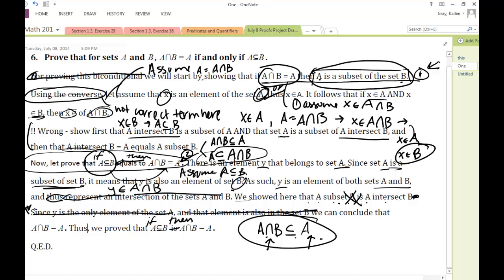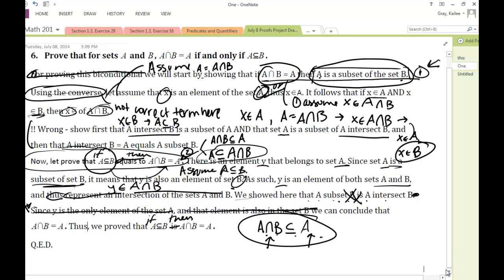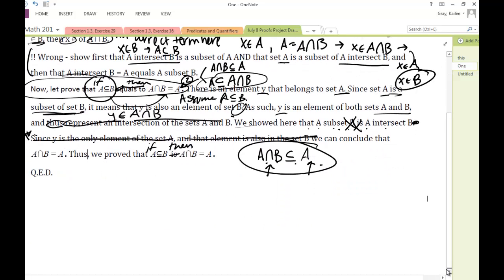So to prove this, let me just try to write it out so that you can kind of see. So let X be an element. So it's like another little portion. This part of the conditional has two pieces to it. So really this proof you could think of having like 3 different pieces in it.